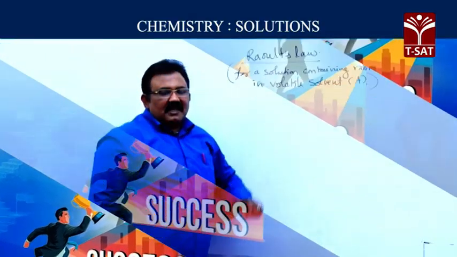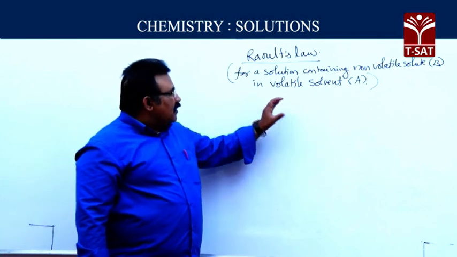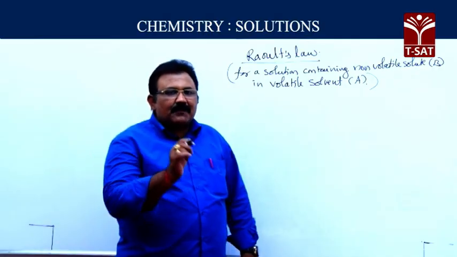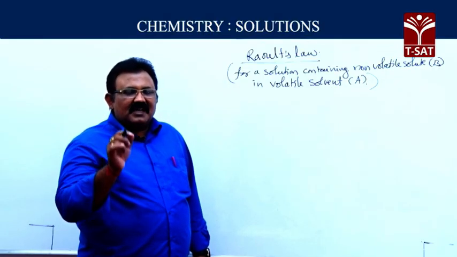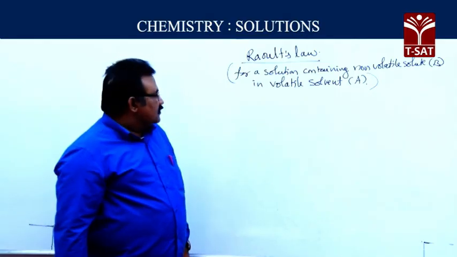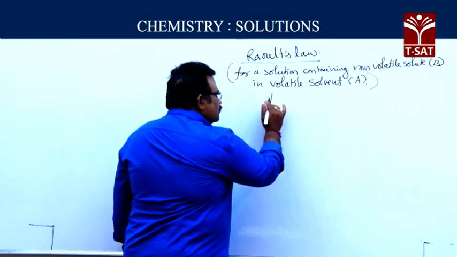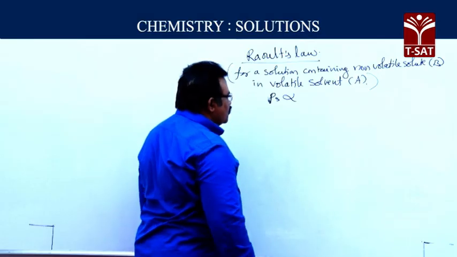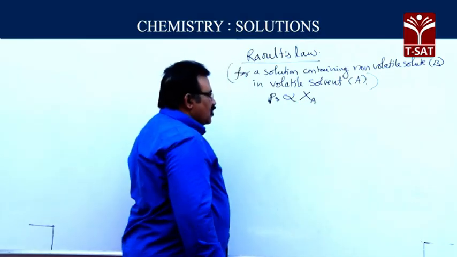So, what does Raoult's law say? The vapor pressure of a solution is directly proportional to mole fraction of the solvent. Vapor pressure of solution PS is directly proportional to mole fraction of solvent.